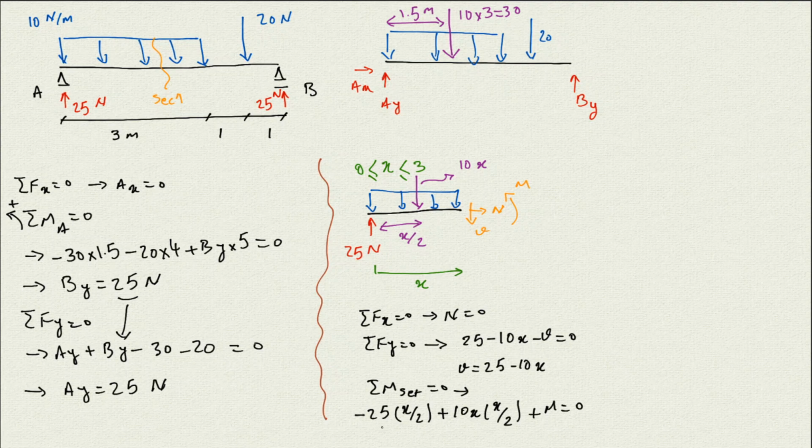And if we write that equation, it's going to give us M equal to negative 5x squared plus 25x. So if you look at here, we have the V as a function of x, and we have the M as a function of x here.